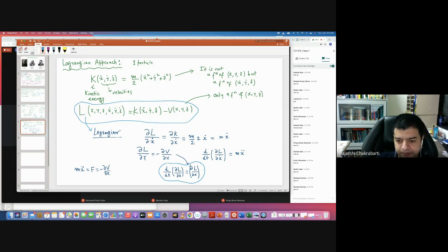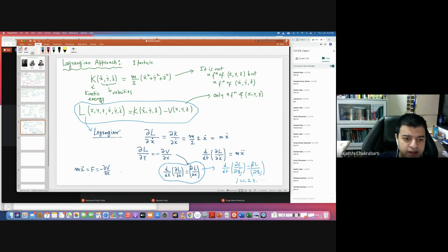Okay. So you can generalize it. You can say, for the general coordinate, d/dt of del L del q_j dot equals del L del q_j, and j is for each particle.